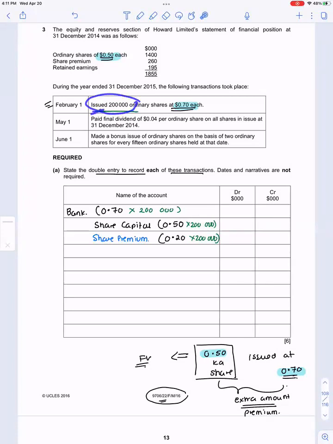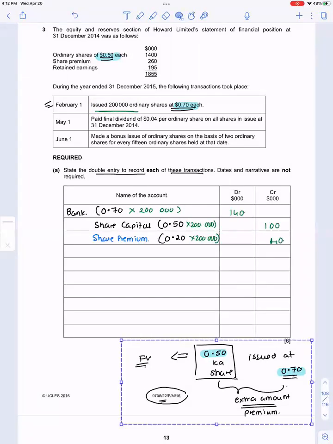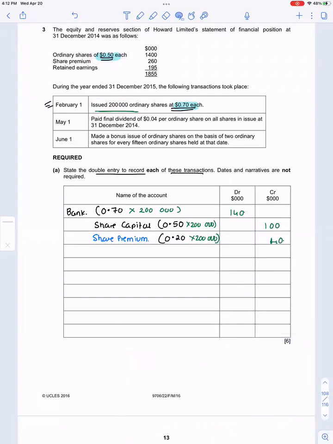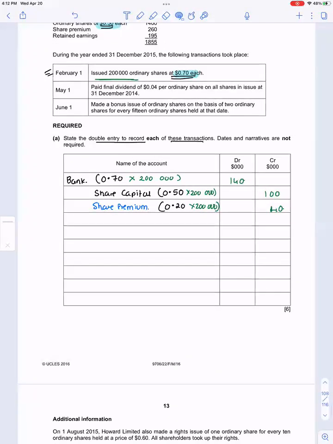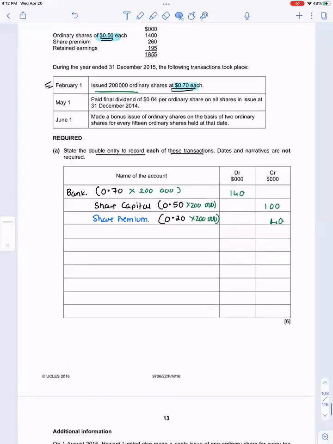You have issued 200,000 shares. They want you to give journal entry to record this issue. So it is in 3 zeros less. So this will be 140, 100 and 40. Any issue?